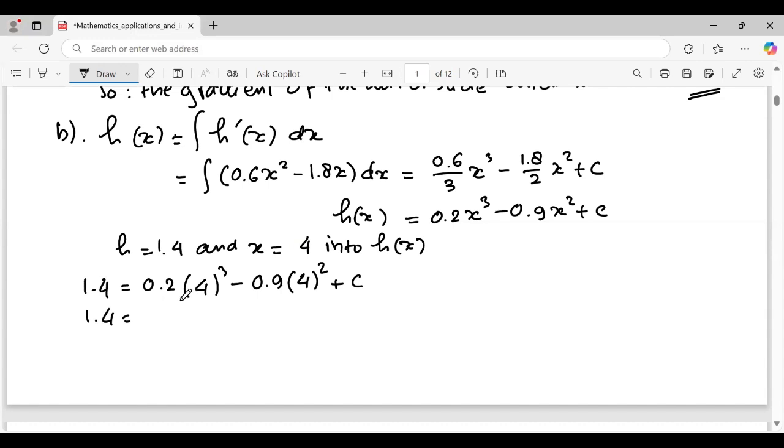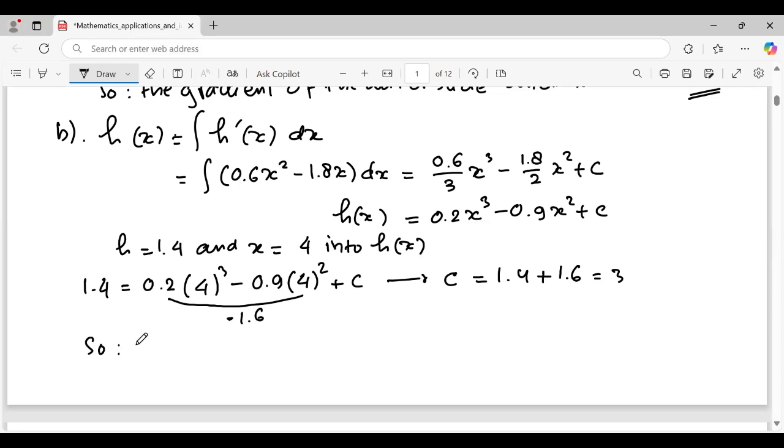So c equals 1.4 minus, if you calculate, minus 1.6. So it becomes 1.4 plus 1.6 equal 3.